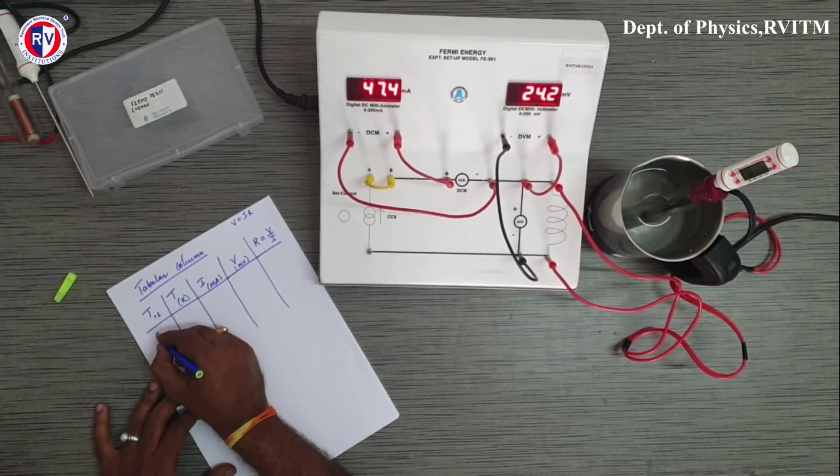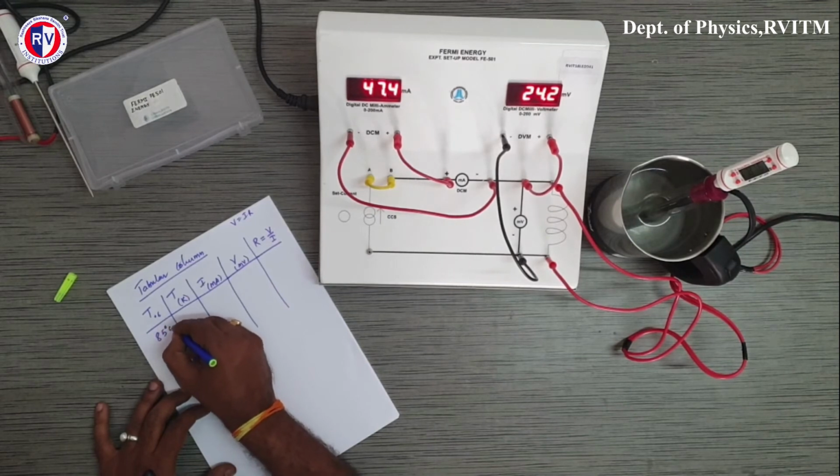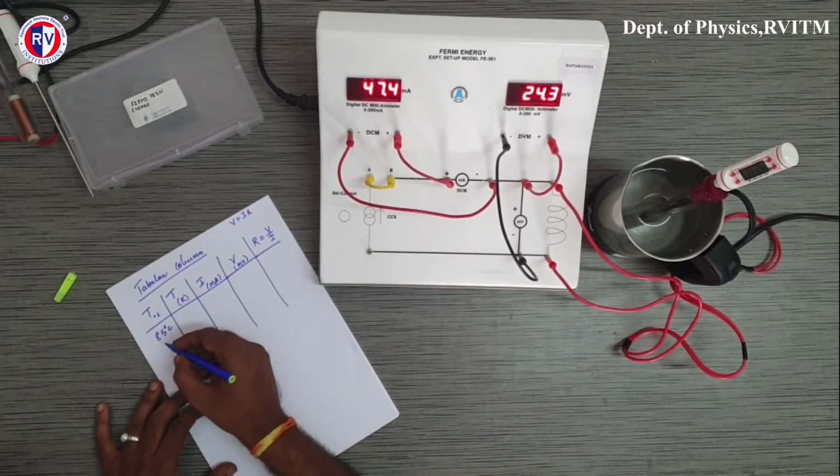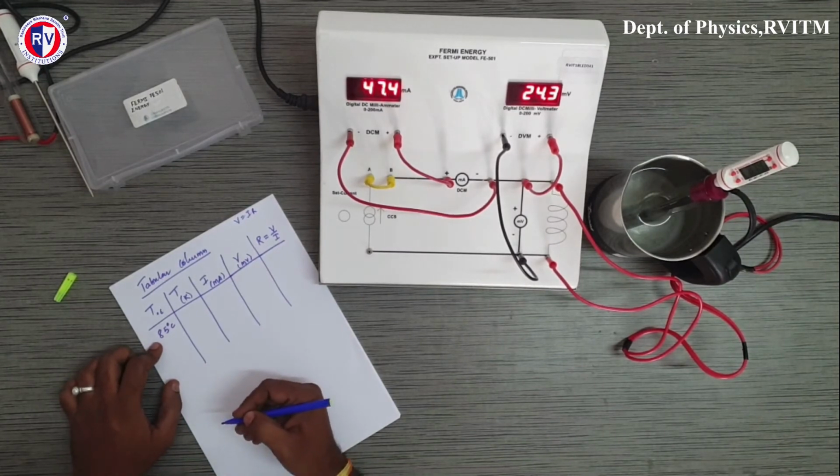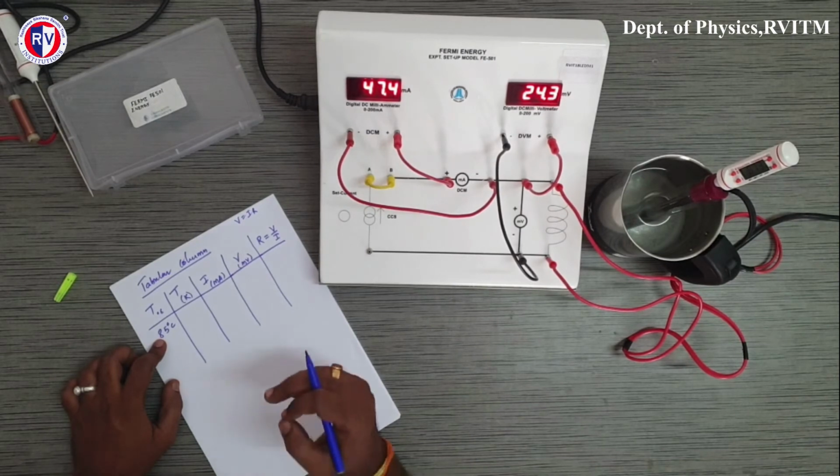Say you start your experiment at 85 degrees Celsius, and you continue this experiment up to 50 degrees Celsius in steps of 5 degree Celsius reduction in the temperature.